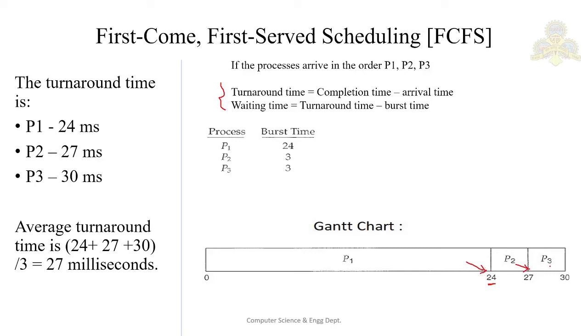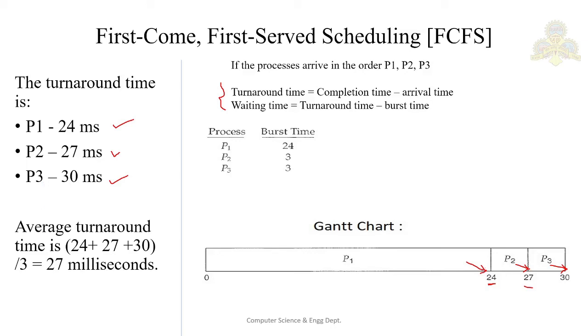That would be your turnaround time. So for P1, 24 milliseconds is the turnaround time. For process P2, it has taken 27 milliseconds, and for process P3, it has taken 30 milliseconds. This is the turnaround time of the processes P1, P2 and P3.